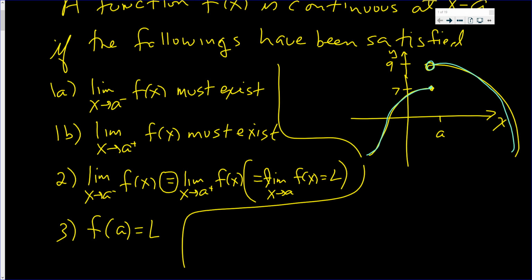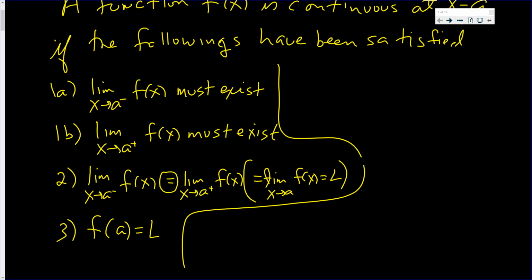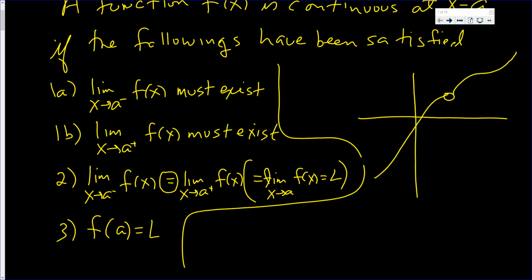Well, what if it doesn't satisfy 3? We try our best always to satisfy the others. So suppose we have our function like this, and here's our a.